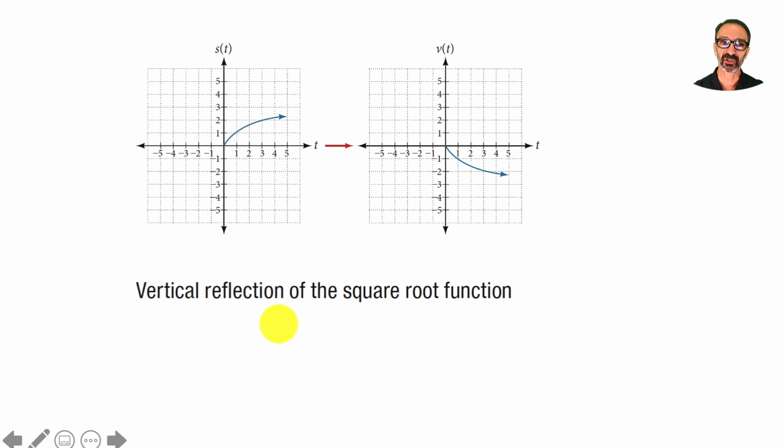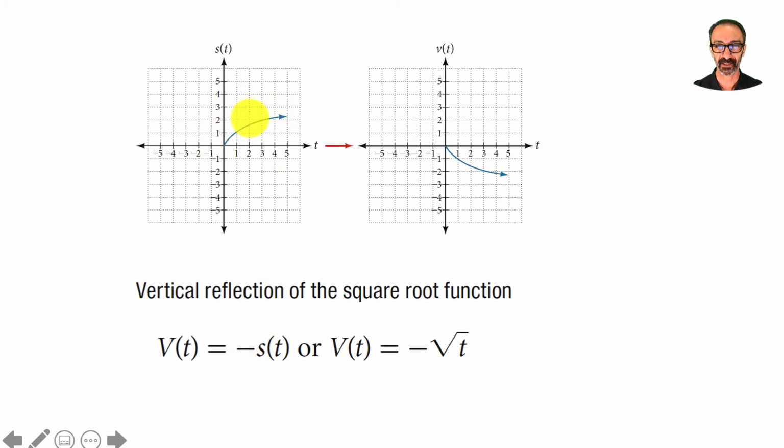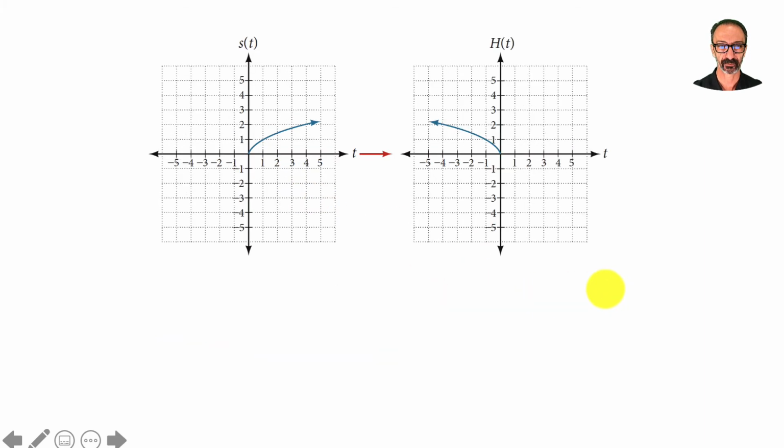This is vertical reflection of the square root function. So a minus outside, instead of having positive values as an output, you're going to have negative values as an output. This would be called square root, and this would be called negative square root. This is a horizontal reflection.